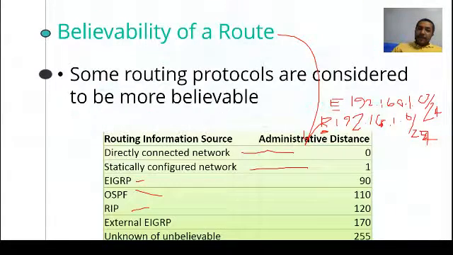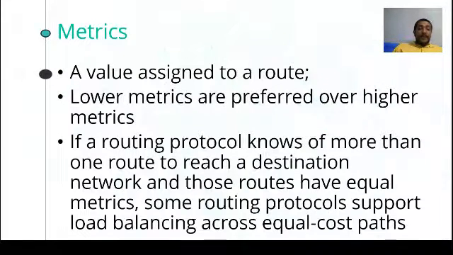Believability of the route is what we call the admin distance. Okay? And each routing protocol, they have an admin distance. Next is the metric. The lowest metric, we have a routing protocol, it has a metric. The lower metric is always preferred on any routing protocol.